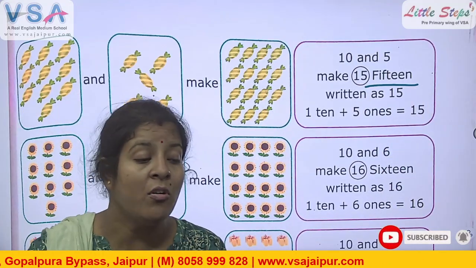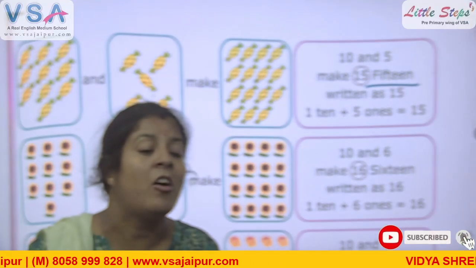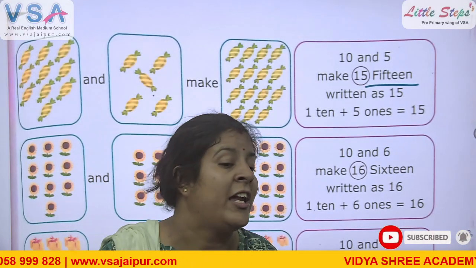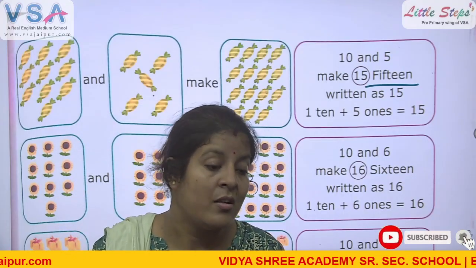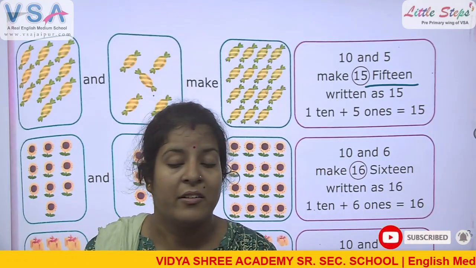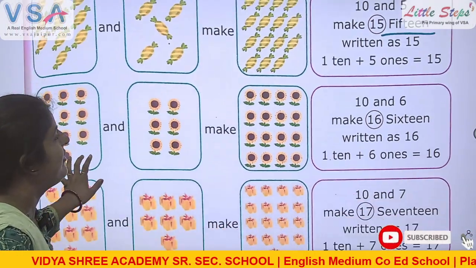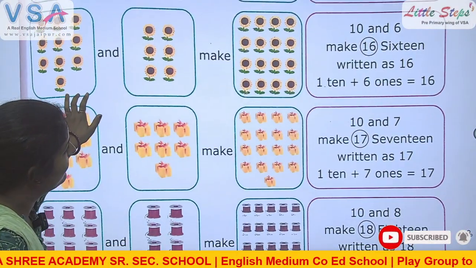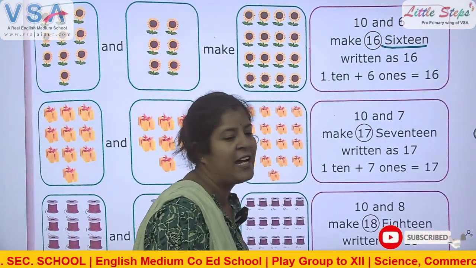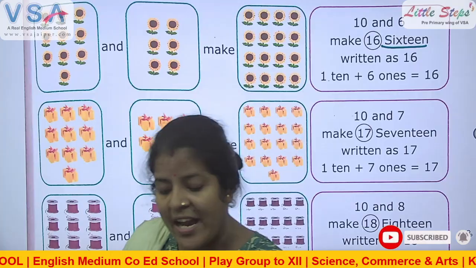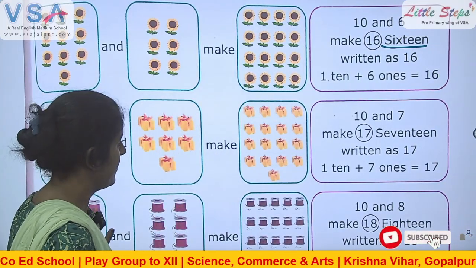Speak all of you. Class first, speak all together. 15. And the next spelling, 16. What is the spelling of 16? S-I-X-T-E-E-N. Next spelling, 17.